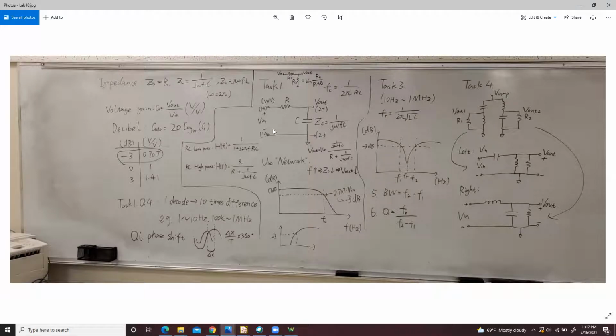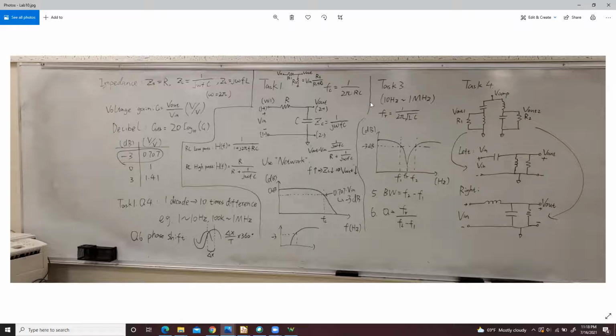You can use channel 1 to measure the input, so 1 plus connects to W1 and 1 minus connects to ground. Then you can use channel 2 to measure the output, so 2 plus measures the output and 2 minus connects to ground. Before you actually build the circuit, make sure you calculate the resistance and capacitor values.